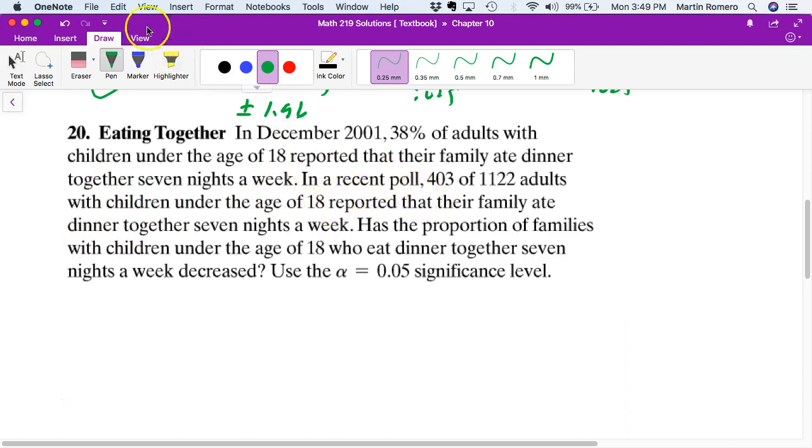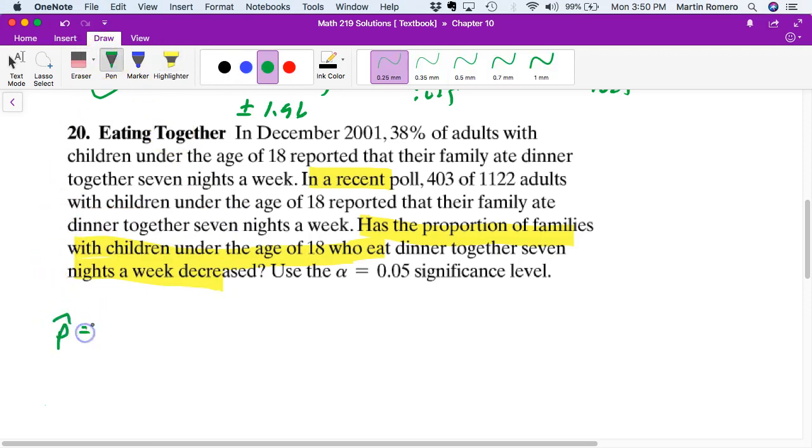In a recent poll, so we're going to be comparing this number to this number here, 403 out of 1122 adults reported they eat dinner with their family 7 nights a week. Here's the key question: has the proportion of families with children under the age of 18 decreased?